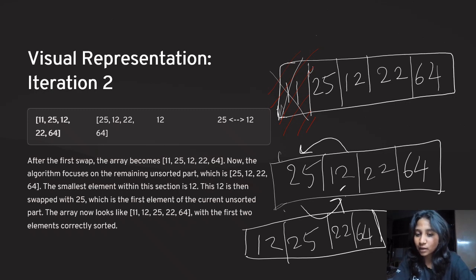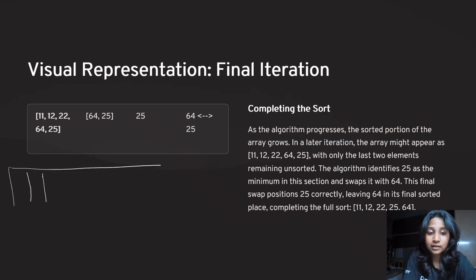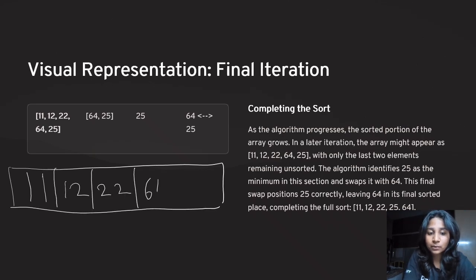This is how our array looks right now, and not to forget our 11 in the actual first place. So our final iteration would look somewhat like 11, 12, 22, 64, 25.